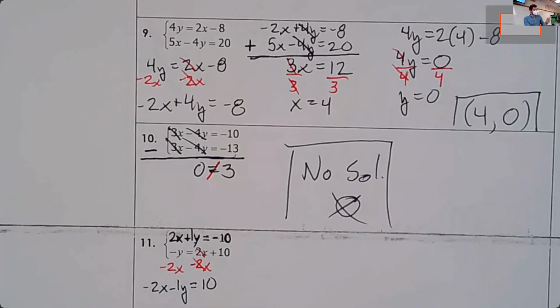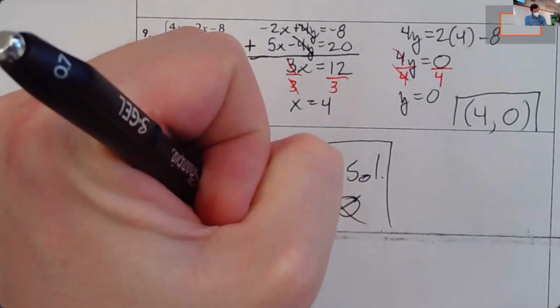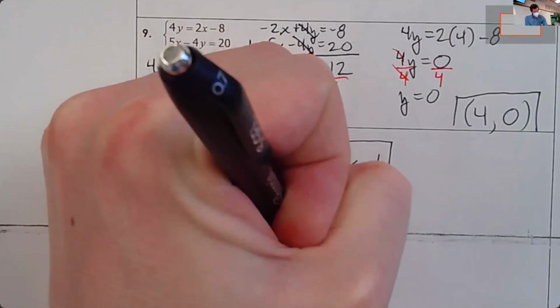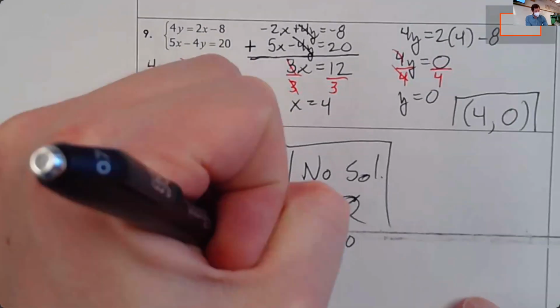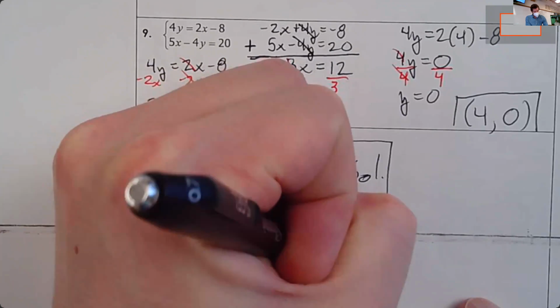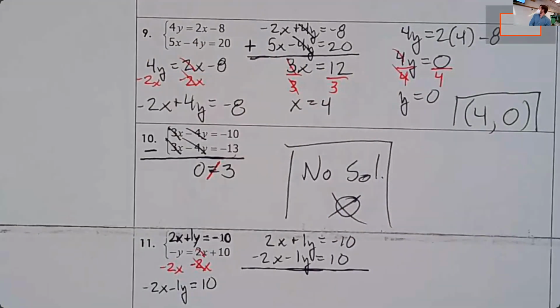And so when we write this again, we're going to write both equations again, just like we did in number 9 when we had to make an adjustment. First equation on the top, 2x plus 1y equals negative 10. And then this equation, the adjusted equation, goes underneath that. That would be negative 2x minus 1y equals 10. Now we've got everything lined up. X's and y's are lined up.